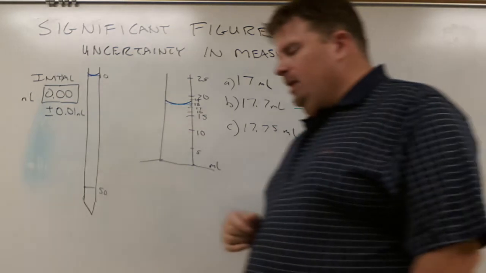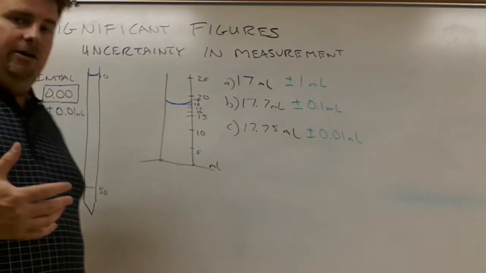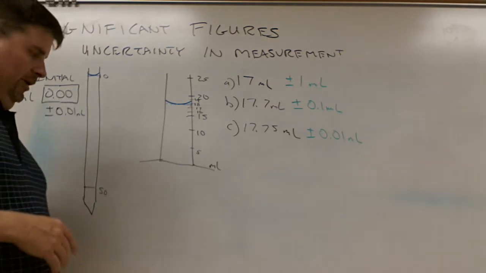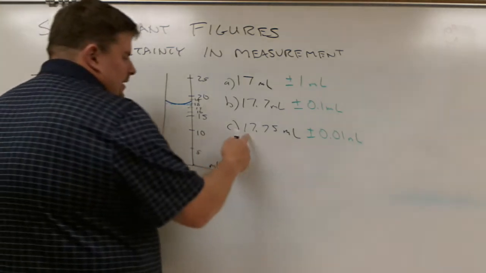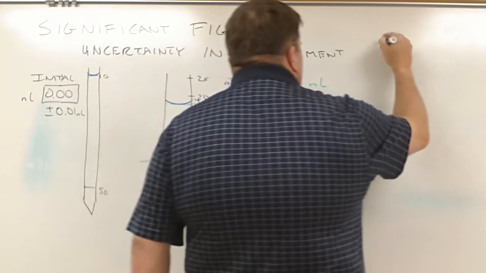Okay? Now, once I have something with significant figures, how do I know that the numbers inside are actually significant? Well, the first clue that you're going to have is if you have anything that's a non-zero number. Okay?